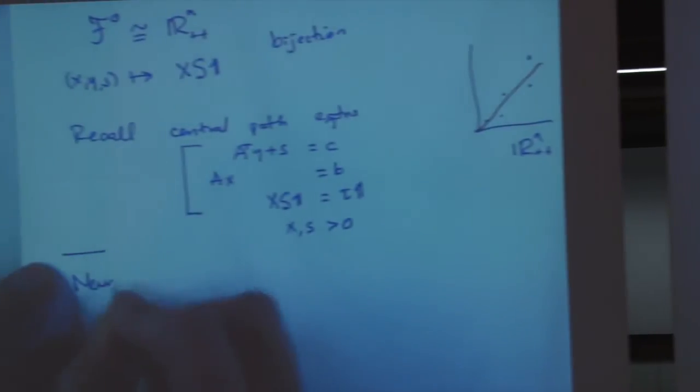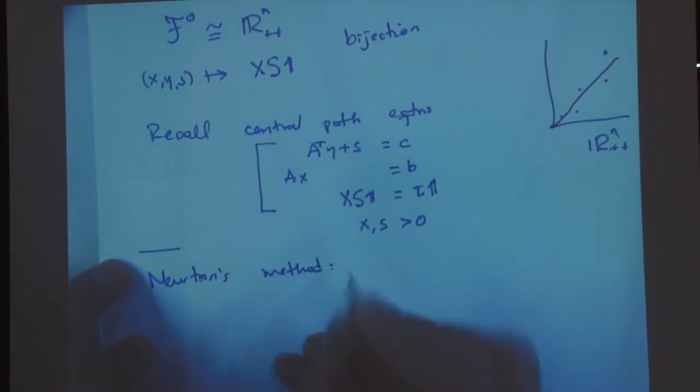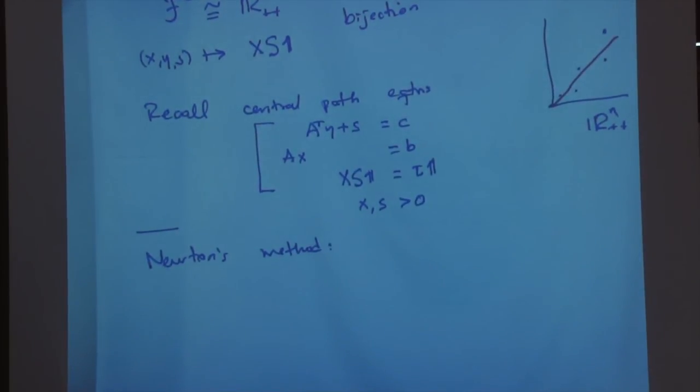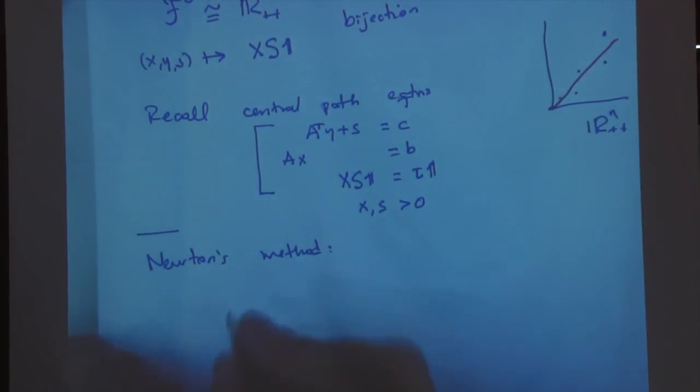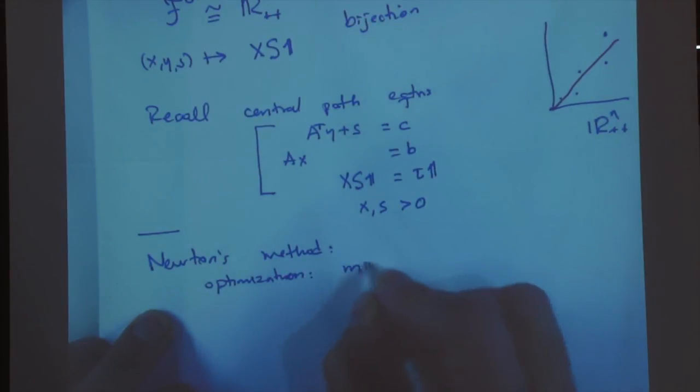So this is kind of a little detour. Newton's method, you can think about Newton's method in two possible ways. If you're thinking about optimization, you want to minimize, let's say, f of x, right?